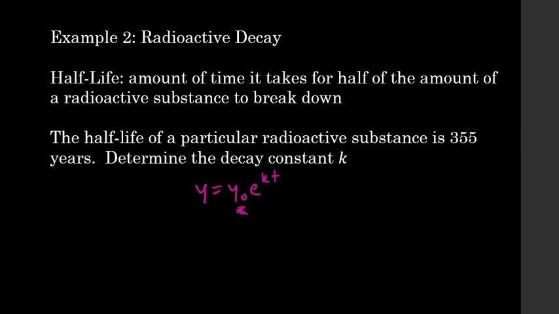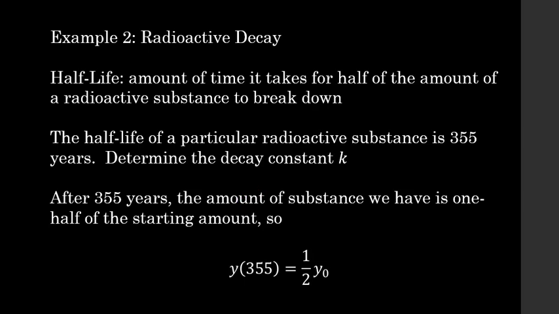So I know that when t is equal to 355, my y value is equal to 1/2 my starting value, or 1/2 y naught. So that is the key piece of information that we need to help us solve for k here.